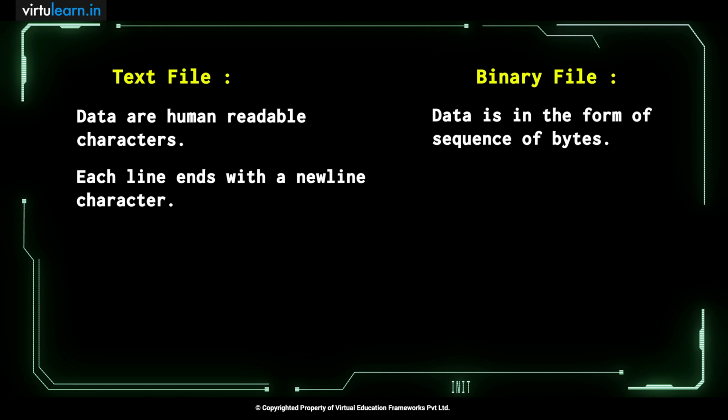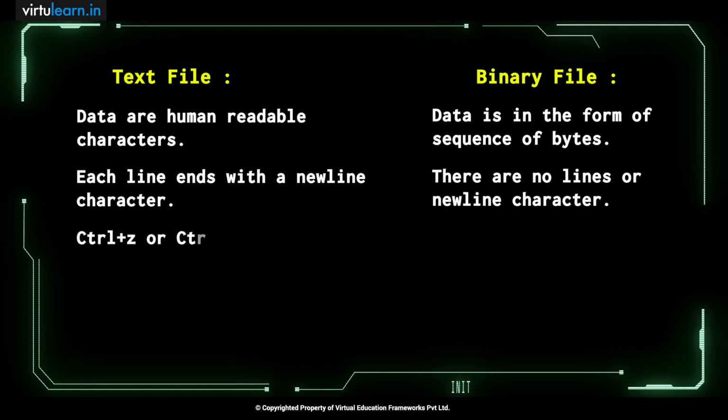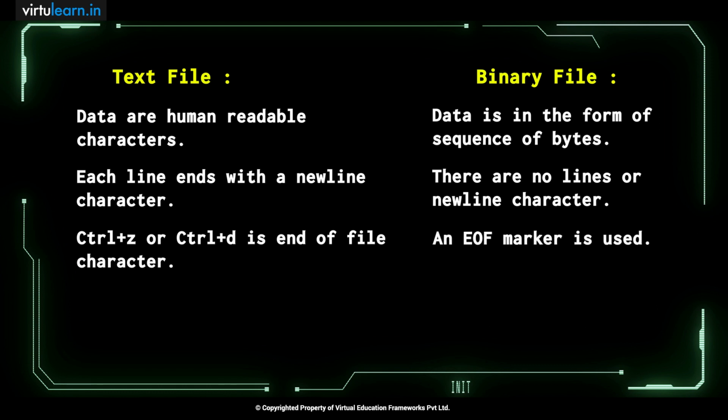Coming to the binary file, there are no lines or new line characters. In the text file, Ctrl+Z or Ctrl+D is used for the end of file character. And in the binary file, an EOF marker, that is end of file marker, is used.